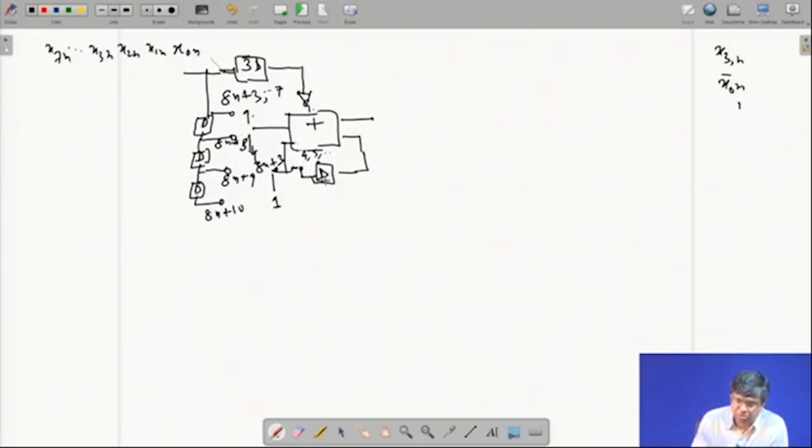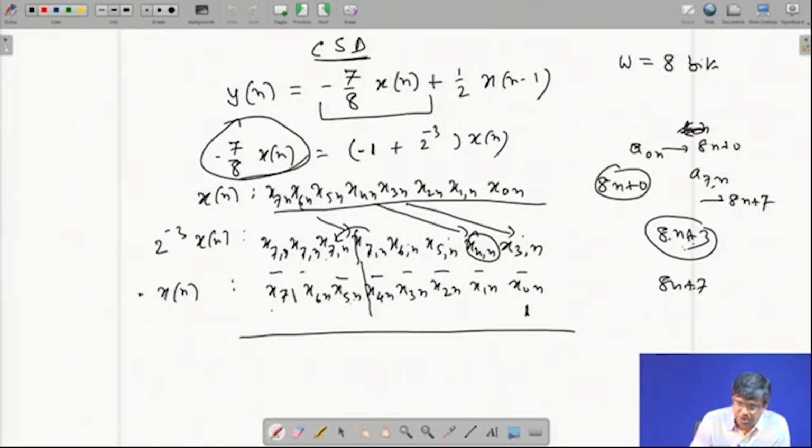And this carry thing will be like this: previous carry moves to new carry, moves to the next addition. Again, once you add something, hold the carry in the flip-flop, pass it here in the next cycle. So 4, 5, it will come up to 10. So this is where this quantity will come up. Bits of this will come up. It will start at 8n plus 3. This is the cycle. It will start at 8n plus 3. Alright?